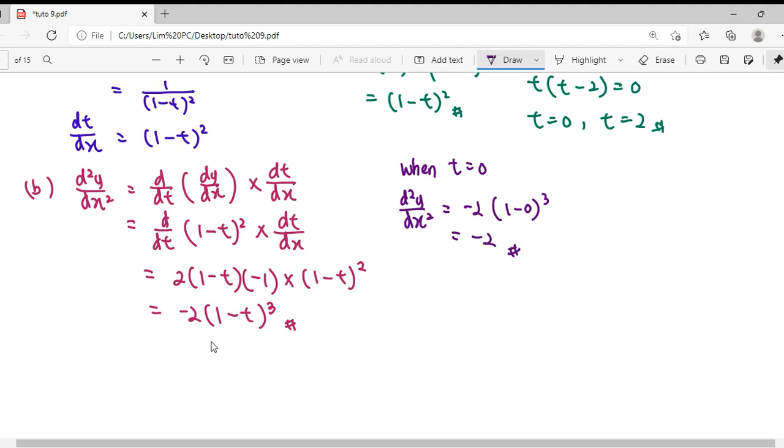So one answer. Another value, when t equals 2, d2y dx squared, negative 2 over 1 minus 2 cubed. So this will give us positive 2.